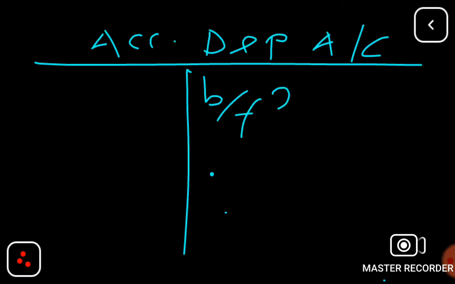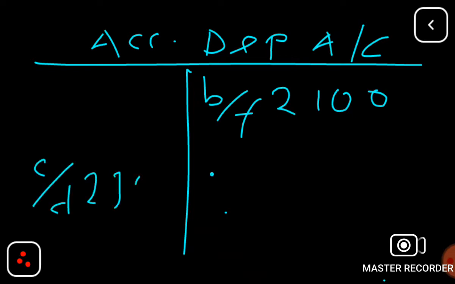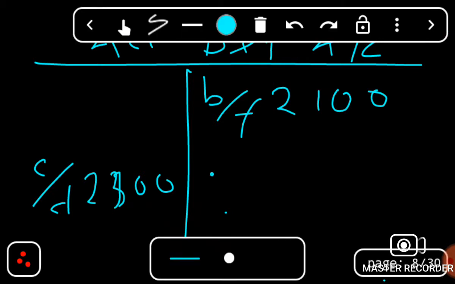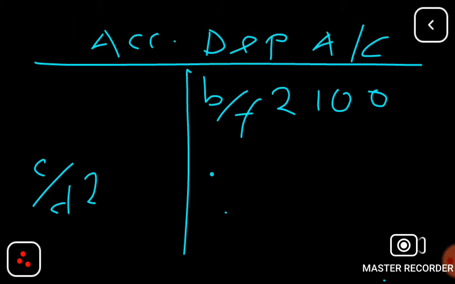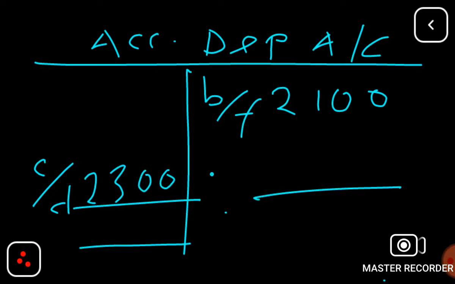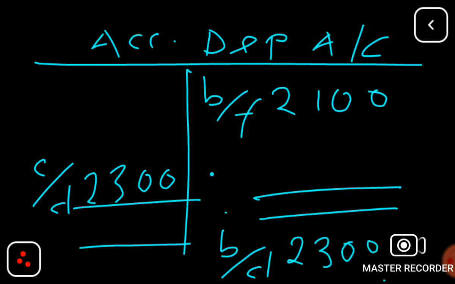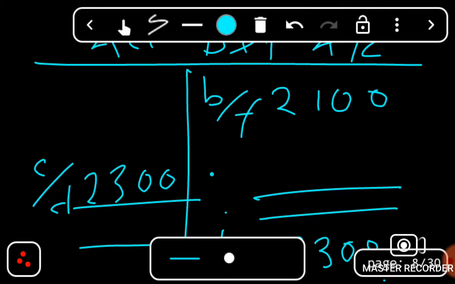So this is what happened. We have our 2,100 and I carried down 2,300. Okay, let me just repeat that. 2,300, and we have our totals there, and the balance brought down is 2,300. So let's now check what happened.